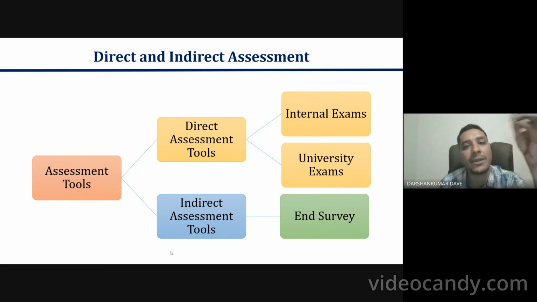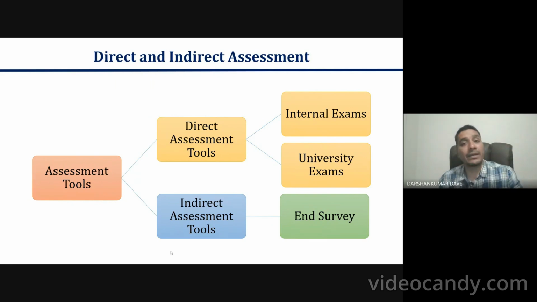For example, there are universities which take unit-wise tests. What they do is they take daily quizzes as continuous evaluation, and once a unit is completed, they take a summative examination. That's it. There is no end semester examination. So it is very difficult to identify whether this should be considered internal examination or university examination, because they don't have a final examination kind of concept.